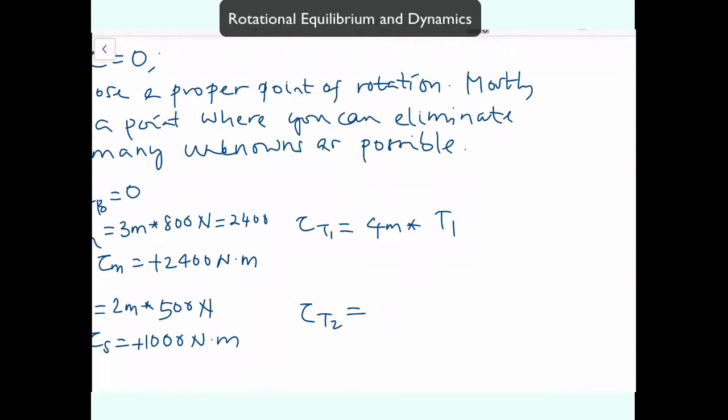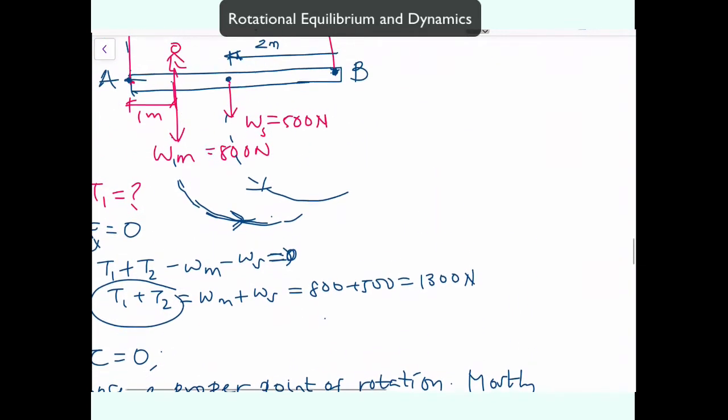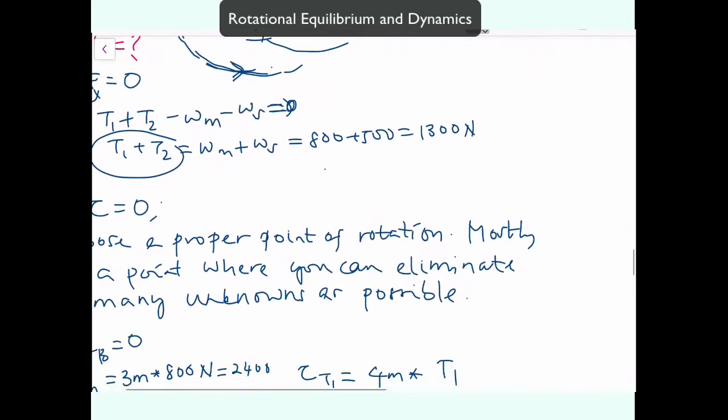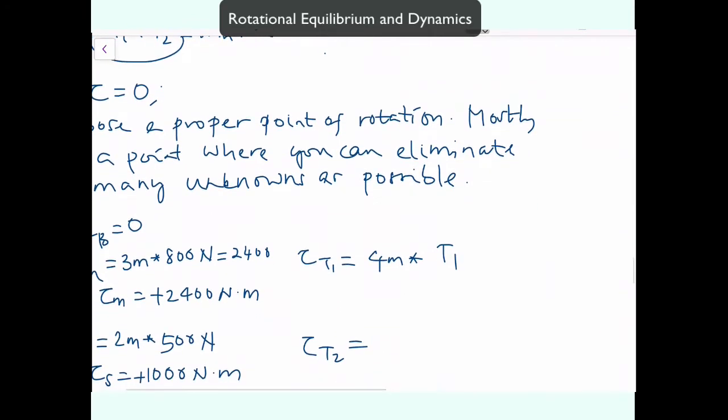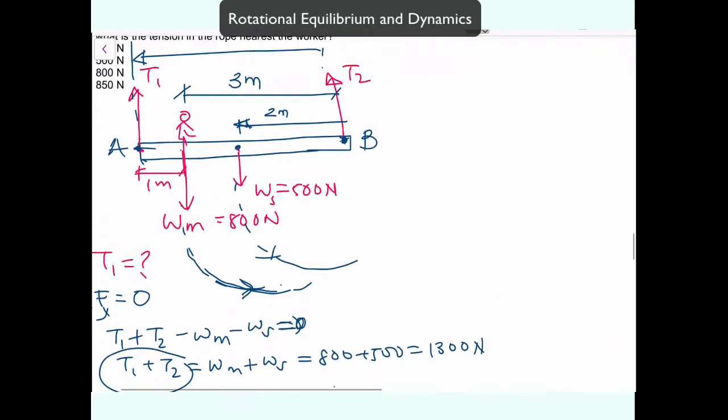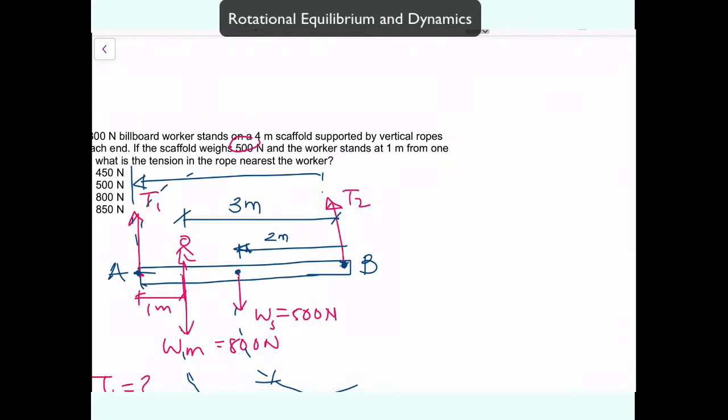T1 creates a clockwise rotation, so it will be negative, because the direction of the force is up. If you try to hold the object at point B, then T1 will tend to rotate the object in the clockwise direction.